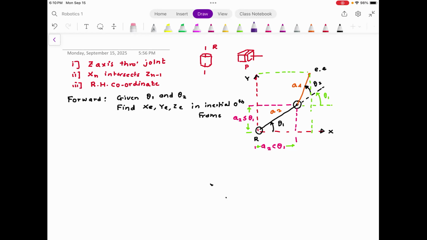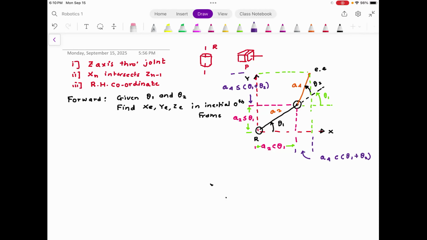Which means if I look at the projection, this is going to be A4 cosine of theta 1 plus theta 2. And this is going to be A4 sine of theta 1 plus theta 2. Do you agree with me?